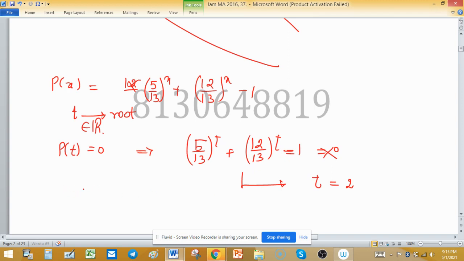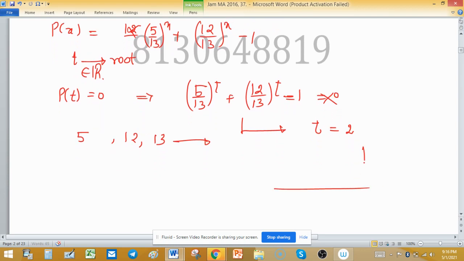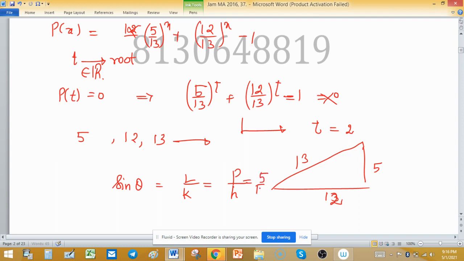Why? 5, 12 and 13 are a Pythagorean triplet. We know that these are a Pythagorean triplet. So consider this is 5, this is 12, and this is 13. So sin θ is perpendicular upon hypotenuse, P upon hypotenuse, and P is 5 and this is 13.